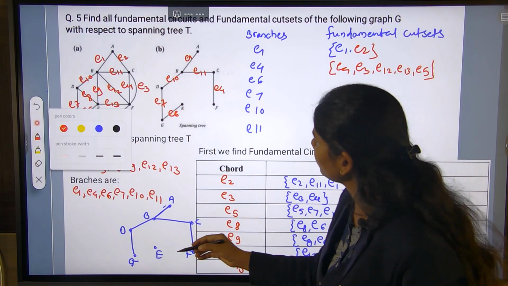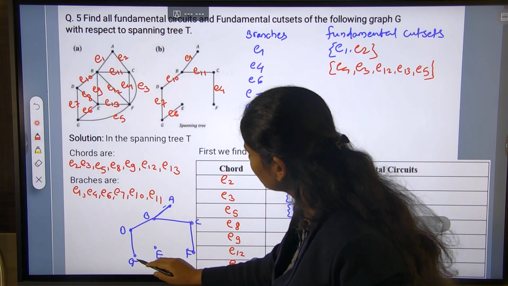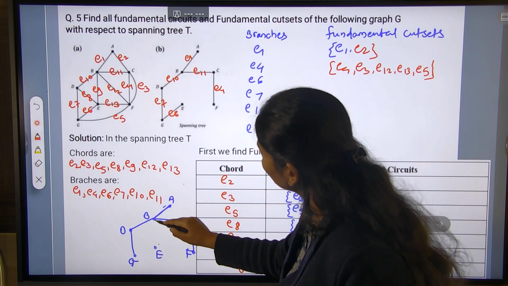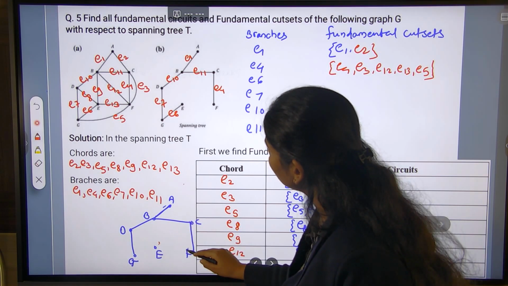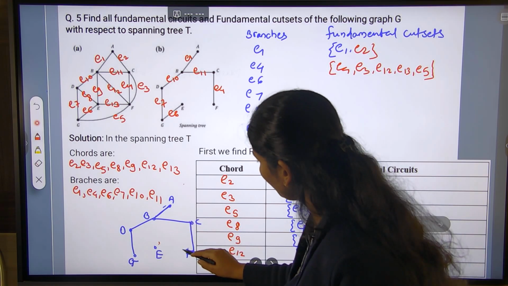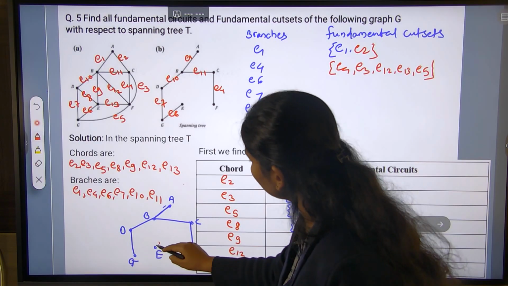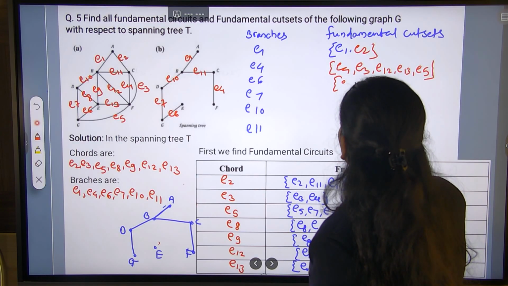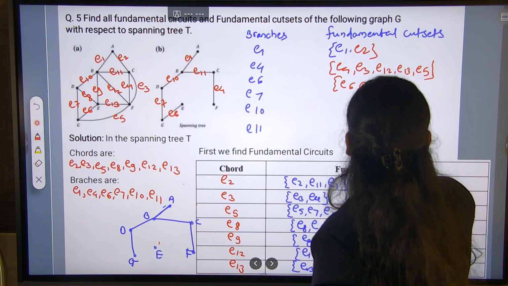So E6, if we join E6, connected one, E8, then if we join E9, again it will connect. If we join E13, so E6, E8, E9 and E13. So write down here E6, E8, E9 and E13.